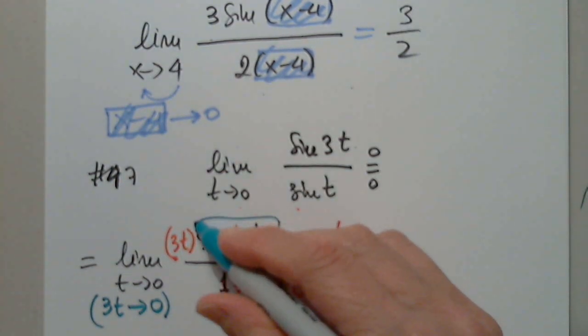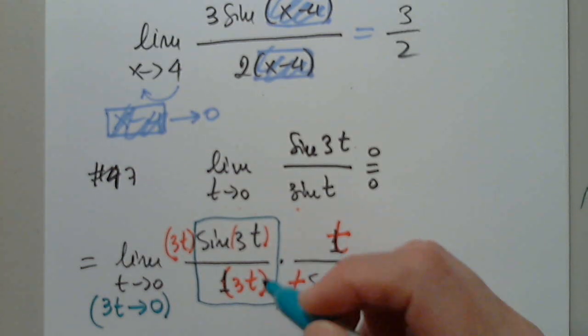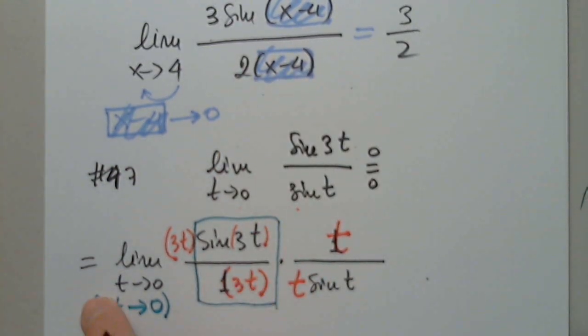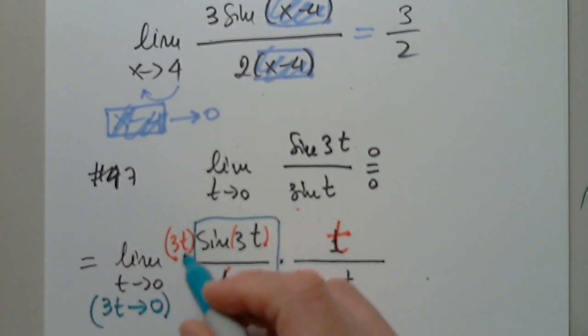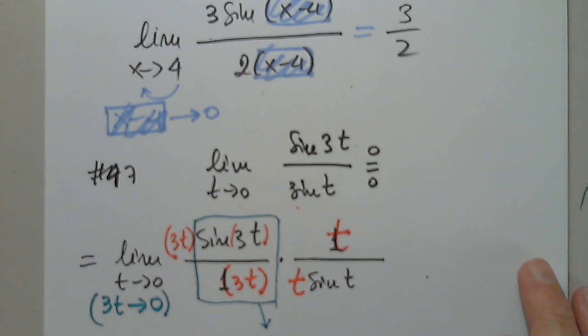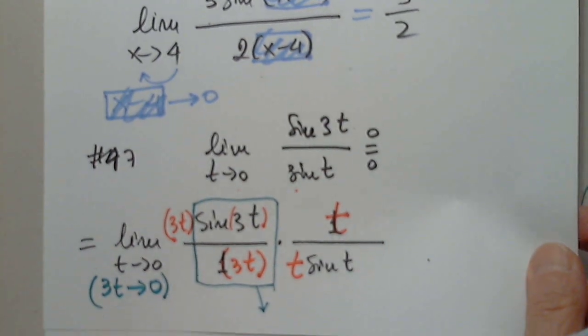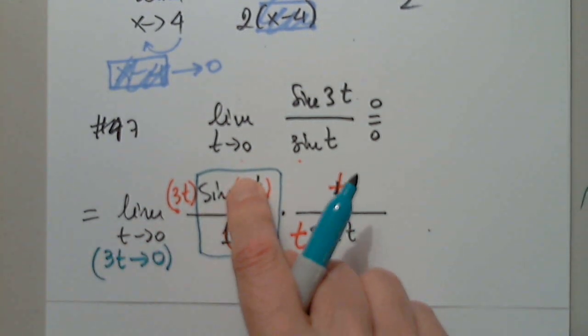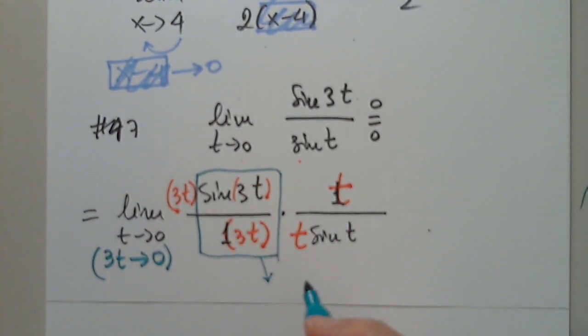This one has the rectangle, the rectangle, the rectangle. Where is this going to? Going to 3t.